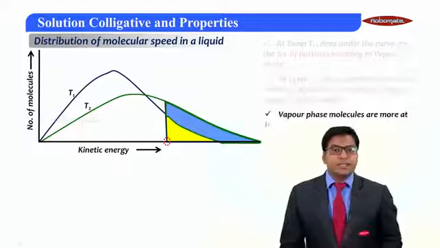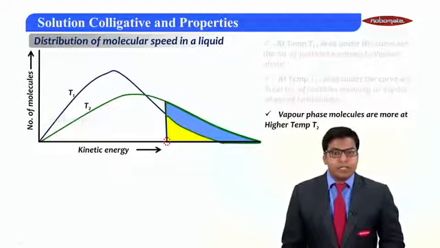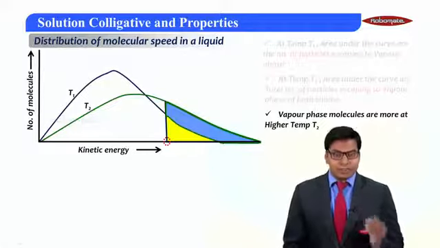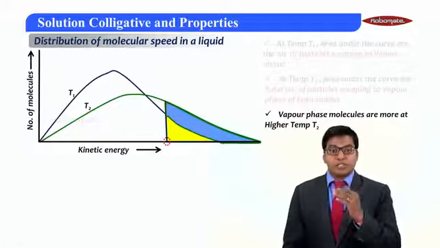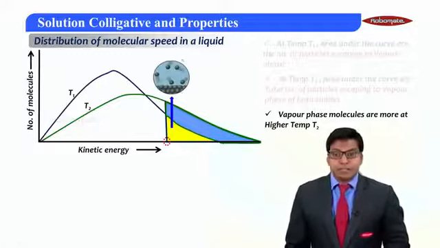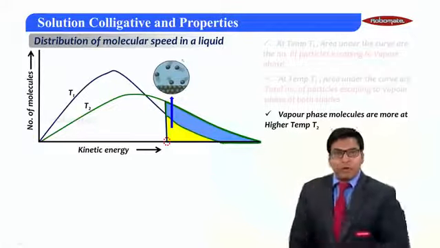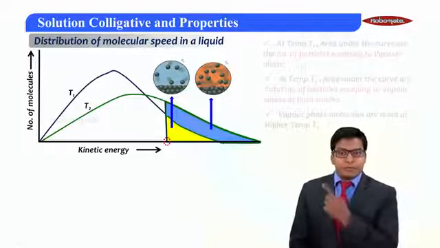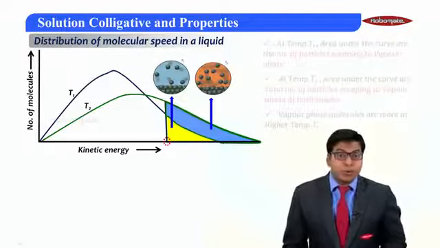So it is very clear that vapor phase molecules are more at higher temperature, right? As we learned earlier also, as the temperature is increased, vapor pressure will also increase, right? So what does that mean? You can see it evidently here. At temperature T1, the number of molecules escaping is very less, but at temperature T2, you could see the number of particles escaping is more.